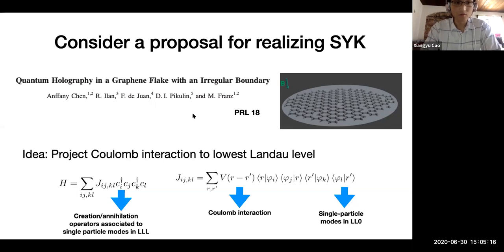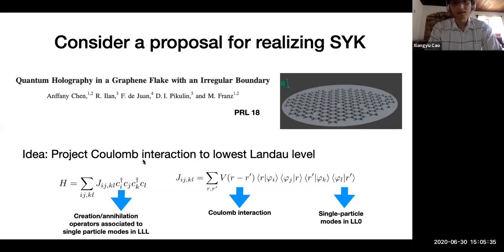They proposed using a graphene flake with irregular boundary, drawn here, and you apply a perpendicular magnetic field so that you have Landau levels, so many degenerate orbits.